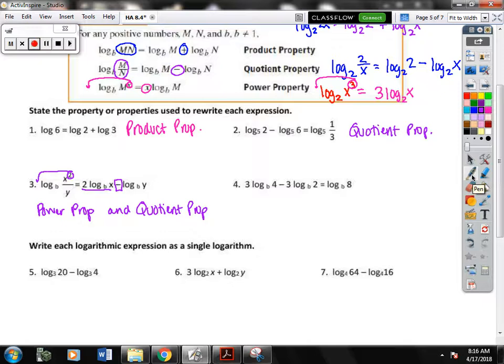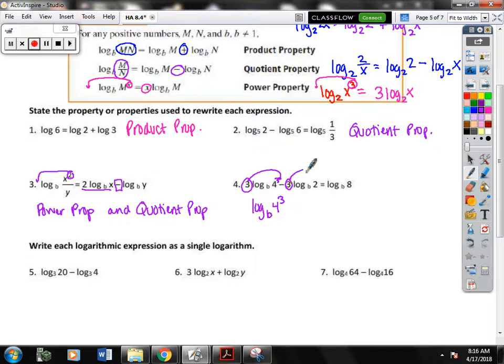What properties do we see in the next one? This one's a little tricky. Jade? Quotient property and power property. Quotient property and power property. So this 3 is out front, which means it would go back up to being an exponent.